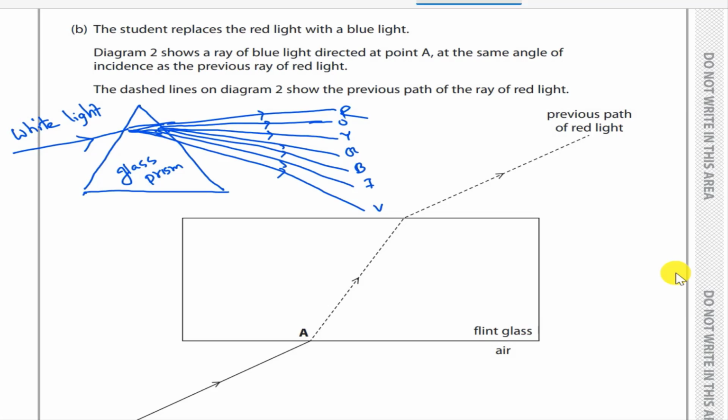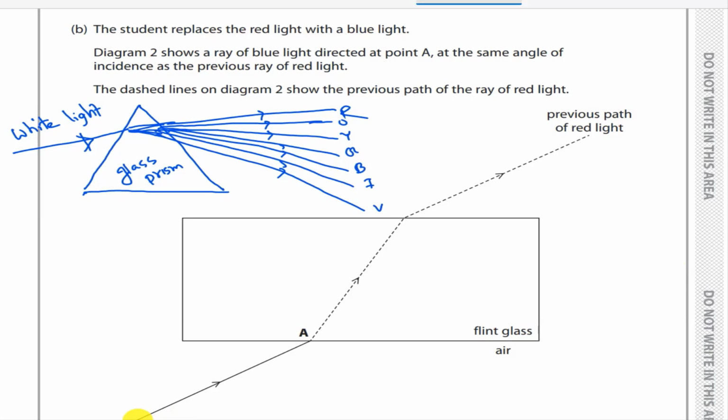From the diagram it is observed that red is refracted less and violet is refracted through more angle. So when white light is incident on a glass prism, red light refracts least and violet refracts most.